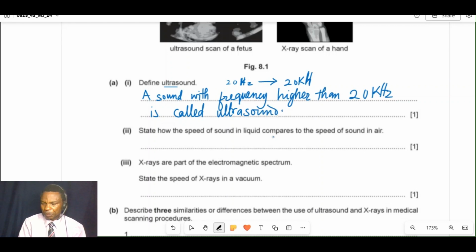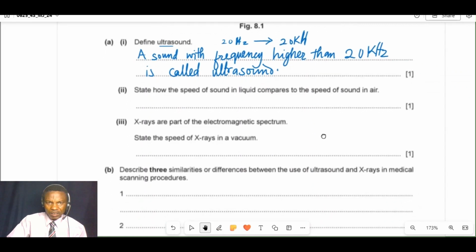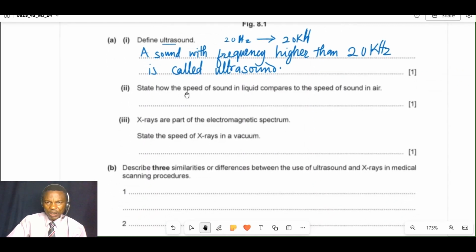Very good. Next, state how the speed of sound in liquid compares to the speed of sound in air.